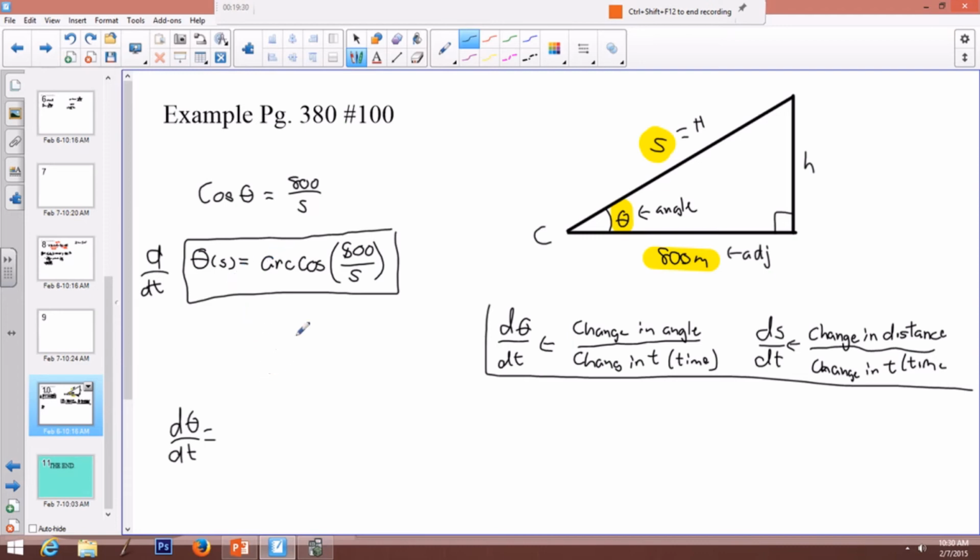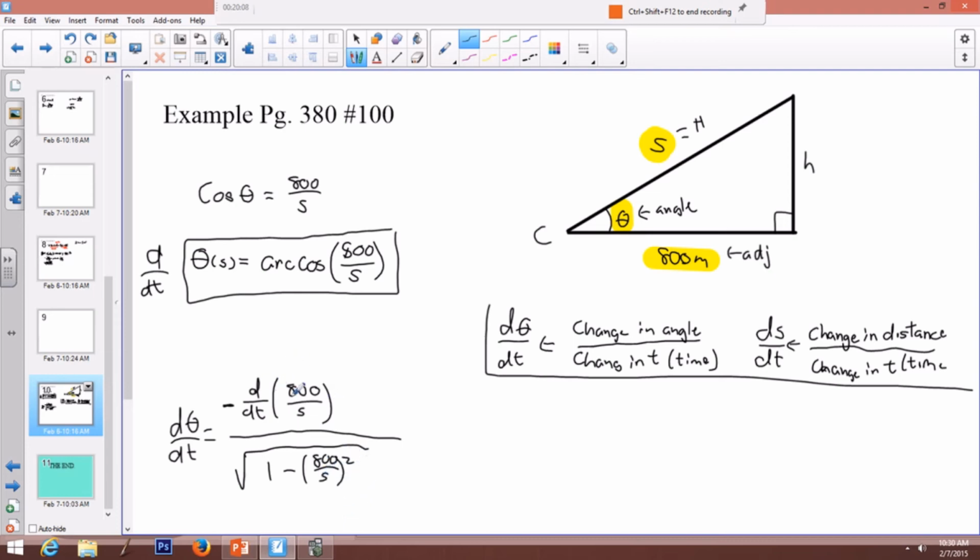So I'm going to have the derivative of this expression, d over dt of this 800 over s, which I'm going to eventually have to do, over, because it's the arc cosine, and this is negative. Don't forget your negative. The square root of 1 minus this expression squared, 800 over s quantity squared.